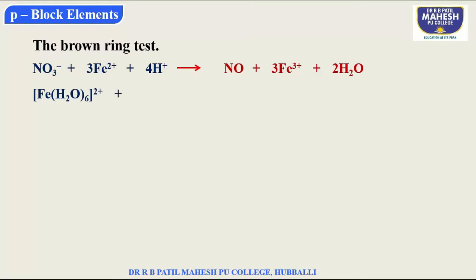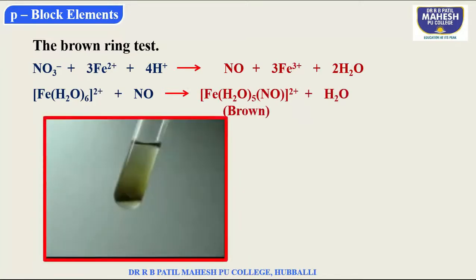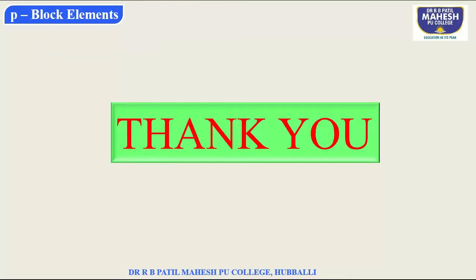This nitrogen monoxide further reacts with the hexaaqua iron(II) to form a brown ring complex as shown in the following diagram. So here you can see there is a formation of a brown ring. So in the brown ring, this NO is present in +1 oxidation state, and if you calculate the oxidation state of iron, students, it is going to be +1. Thank you, students.